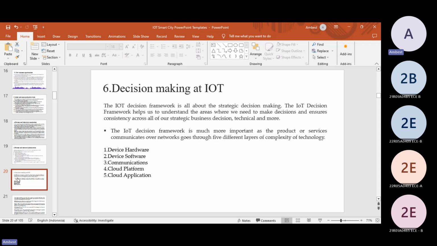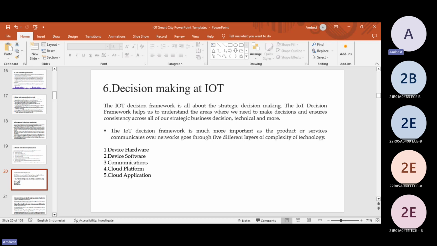Whatever the product or service, it has to communicate with some kind of network, so the framework covers that network through which products and services communicate with devices.